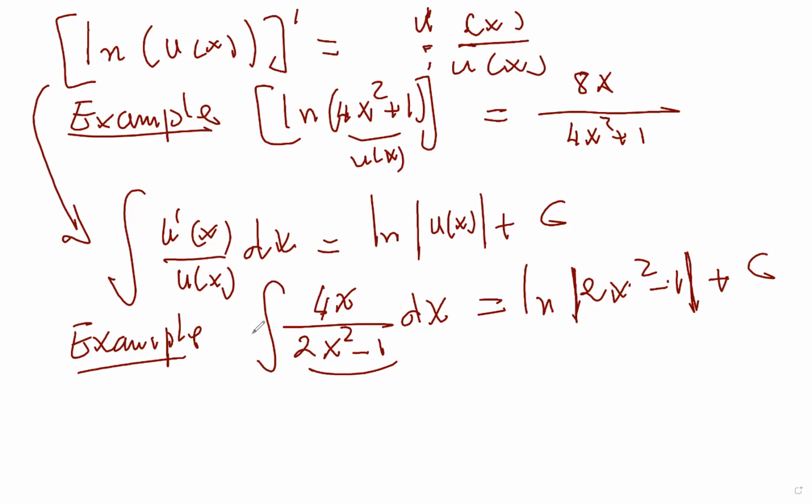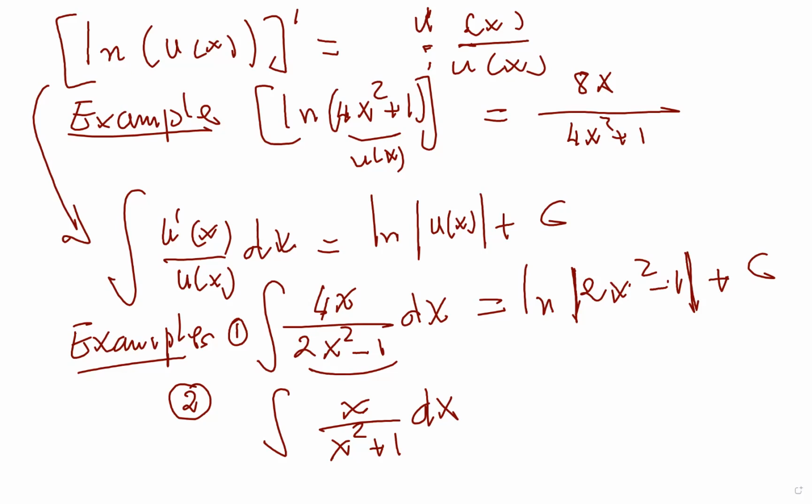And another example, we can think about the antiderivative of x over x squared plus 1 dx. Here the antiderivative is not completely ready to be computed. It needs some correction.